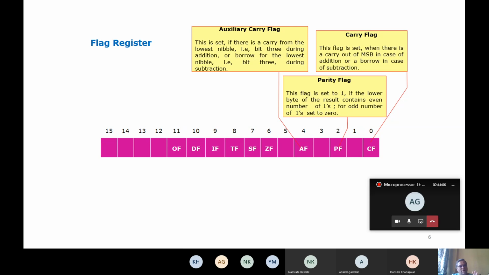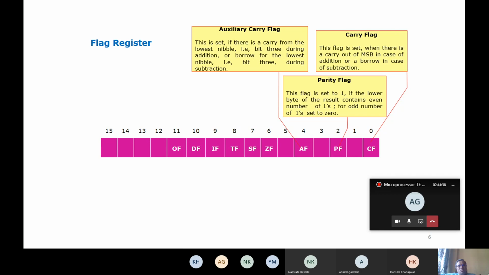So after 9 comes, because I wanted to add 7 into 9, so I have to count 7 parts of my finger. So after 9 what comes is A, then B, then C, then D, then E, then F, and 10. So 7 plus 9, the result calculated by 8086 processor will be 10H. It will not be 16H. It will not be 16 decimal. And I wanted to get it as a 16 decimal. Are you getting the problem?